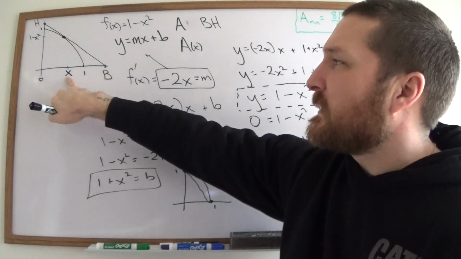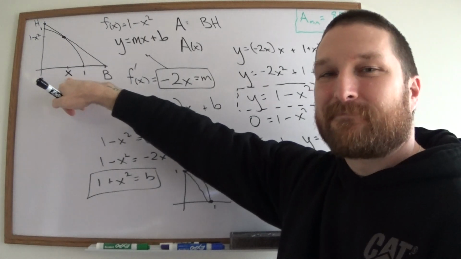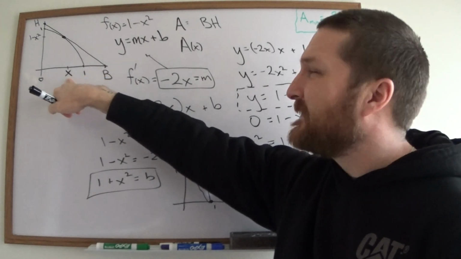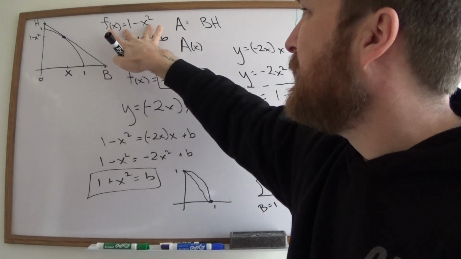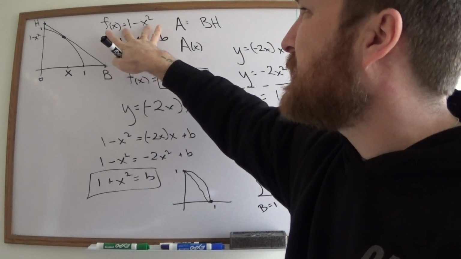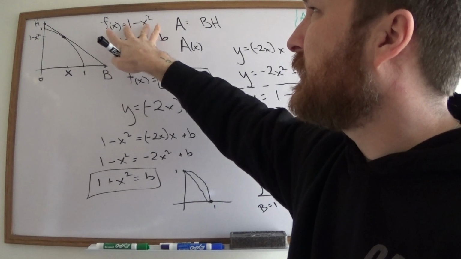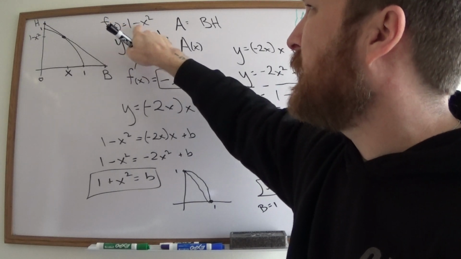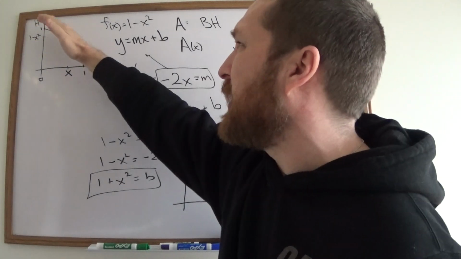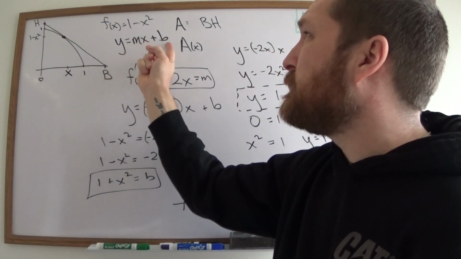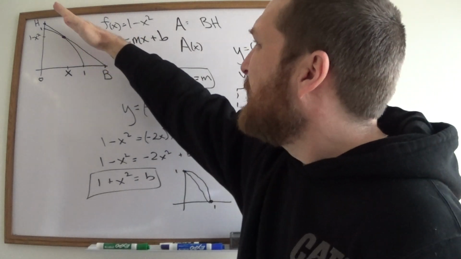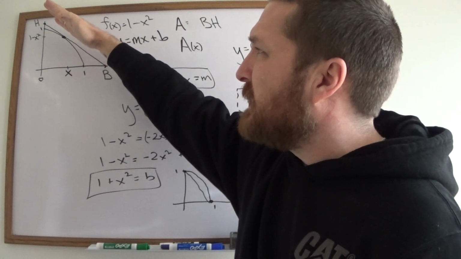You called this thing x. You shouldn't call it x. Because these x's, right, this does not change, does it? Like, f of x being 1 minus x squared is this object. This thing, y equals mx plus b, tells you what this is. The x is not the varying thing.